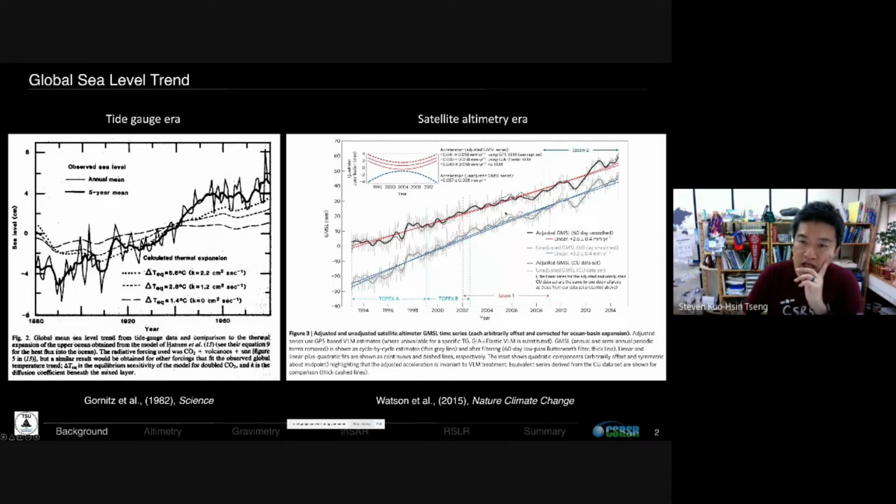You can see that nowadays the sea level rise is at a rate of a couple of millimeters per year. It depends on which agency post-processes the data, but the most common number we see is between 3 to 4 millimeters per year.